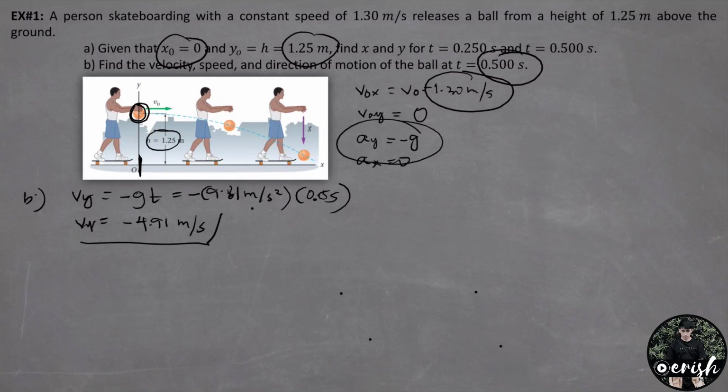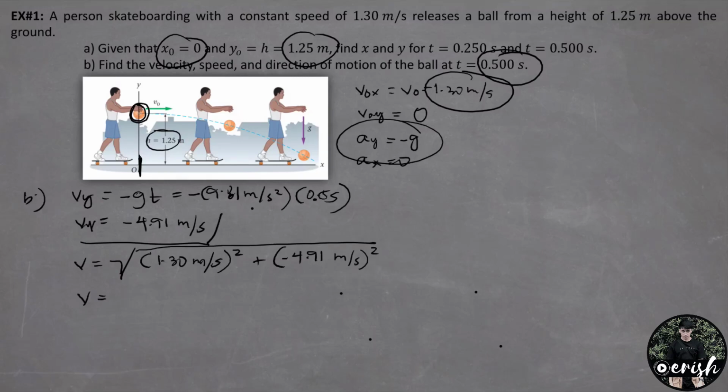We solve for the velocity by Pythagorean theorem. We have Vx muna, 1.3 meters per second square plus Vy naman, negative 4.91 meters per second square, quantity square. V natin is equal to 5.08 meters per second. This is the velocity of the ball after 0.5 seconds.